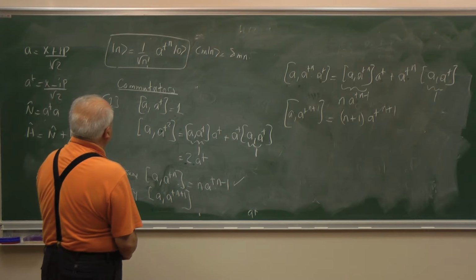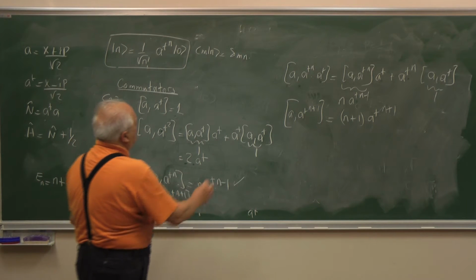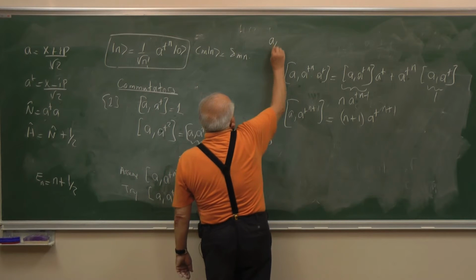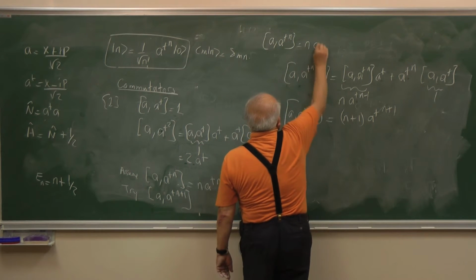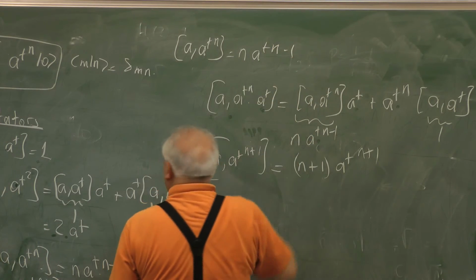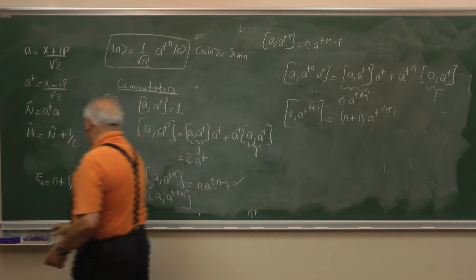And it is important, let me write it here. A dagger n is equal to n a dagger n minus 1. I am erasing this part.